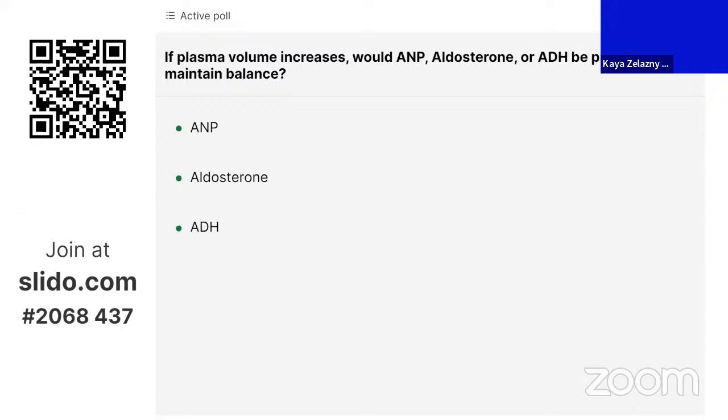Okay, so we are about to go to a flow chart, but just checking. So we just said, if our plasma volume is increasing, are we going to see ANP, aldosterone, or ADH being produced in order to maintain our balance here?